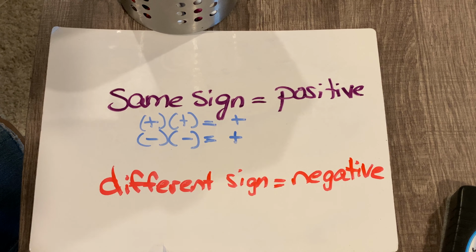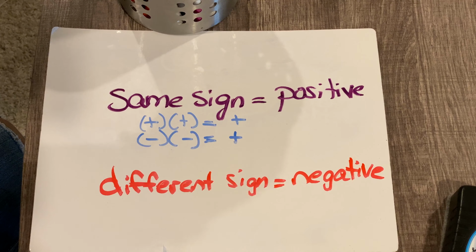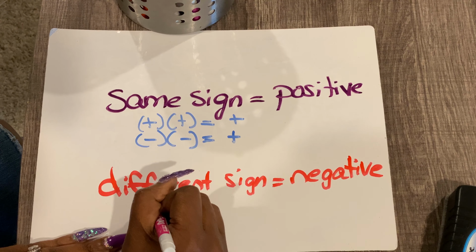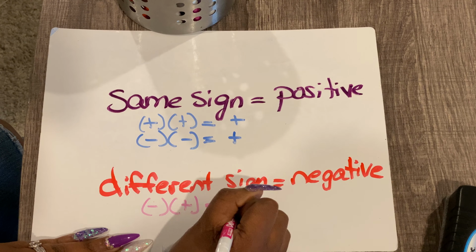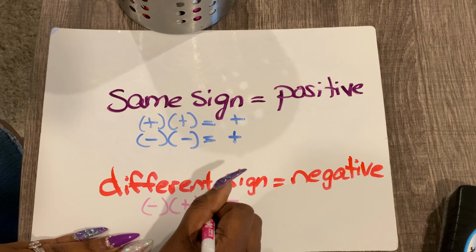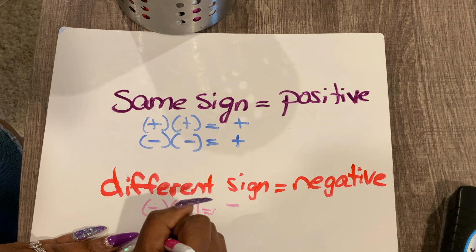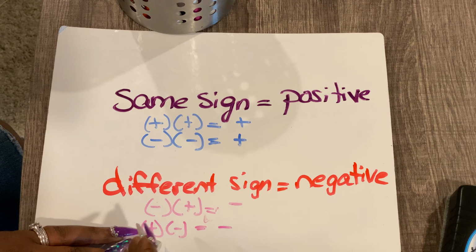So it does not matter what you're doing. It does not matter if it's a negative times a positive, you're still going to get a negative. Or a positive times a negative, you're still going to get a negative.